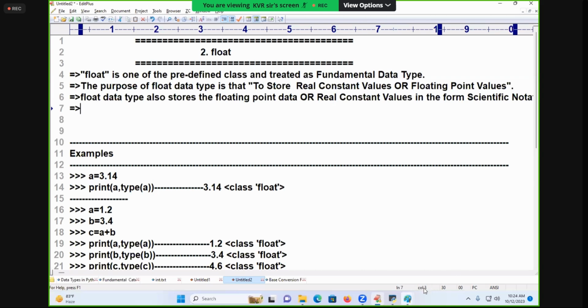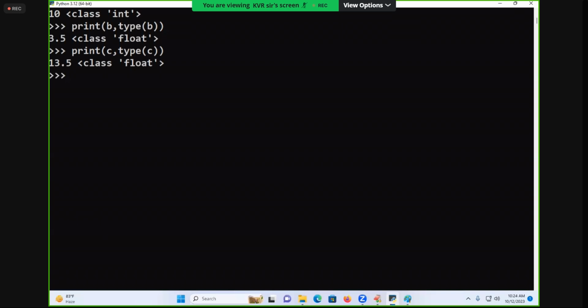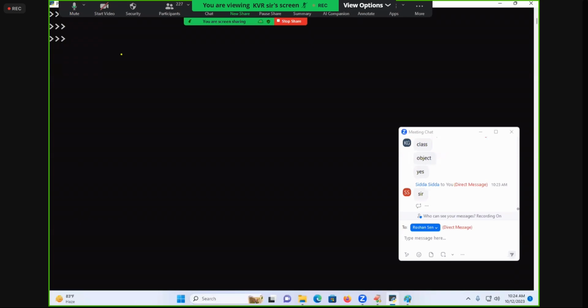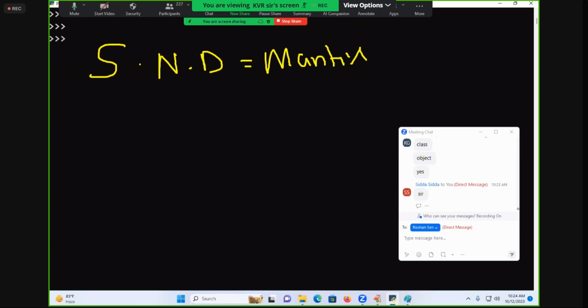Please look, students. Now I am writing something like this: scientific notation data is equal to mantissa E exponent.